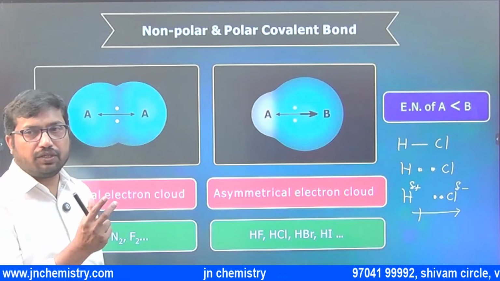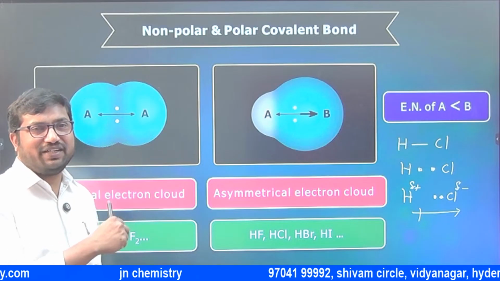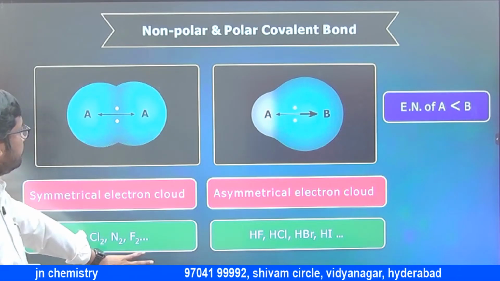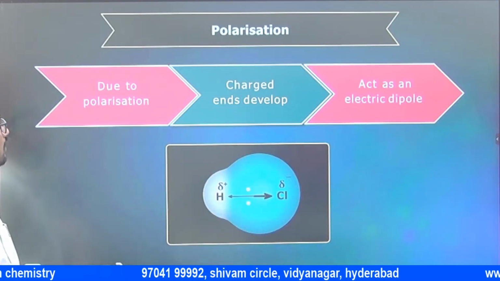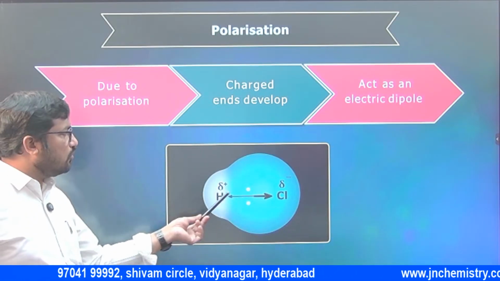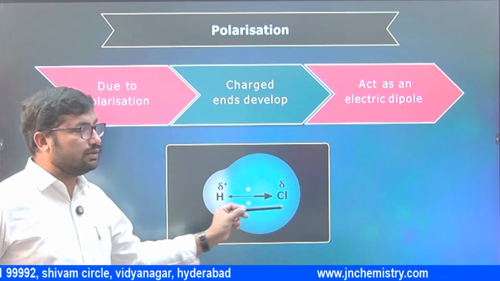When the partial positive and negative, two poles, come, right, two poles, that is nothing but a dipole moment. It's the same thing we could discuss. That is polarization. Because of the higher electronegativity, the electrons move towards the chlorine side.